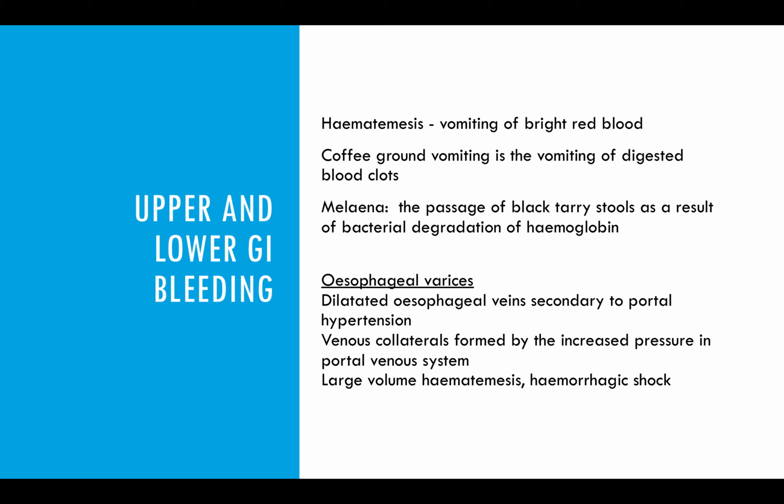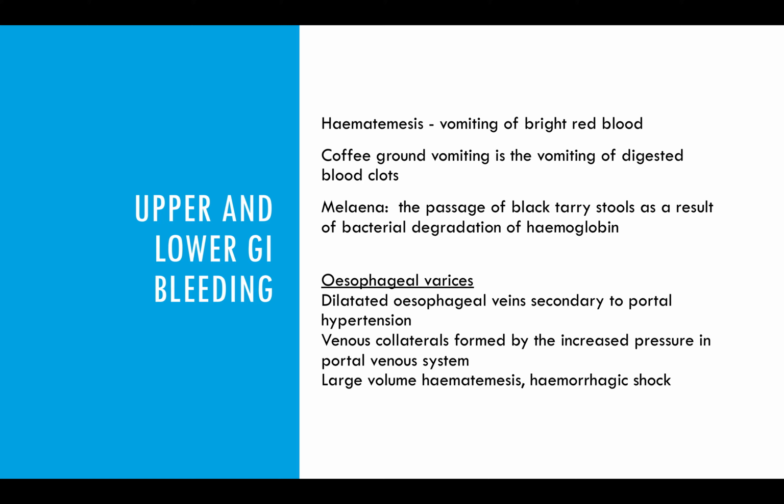Now, esophageal varices, so these are basically large veins at the distal portion of the esophagus, which are secondary to portal hypertension, so often due to liver failure. So these are often the alcoholics who have liver disease, who will also have esophageal varices.